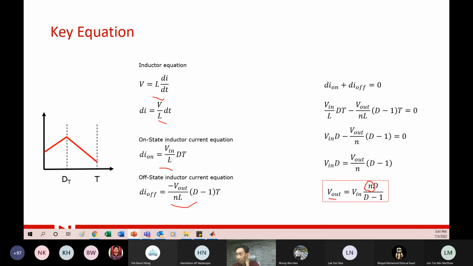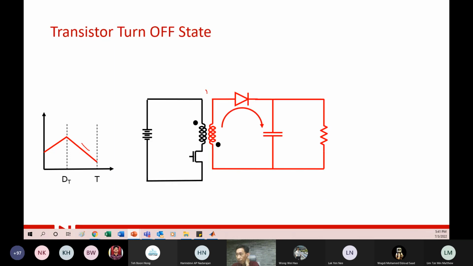The difference is that N is your transformer ratio. It can be 1 to 2. This will help to boost. You will have 1 watt in, 2 watt out. It will help to boost by using this transformer, or maybe step down, 10 to 1, for example.